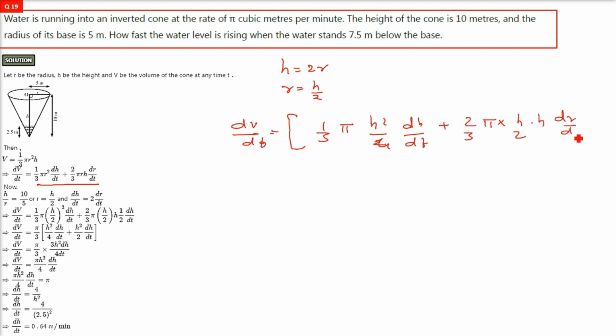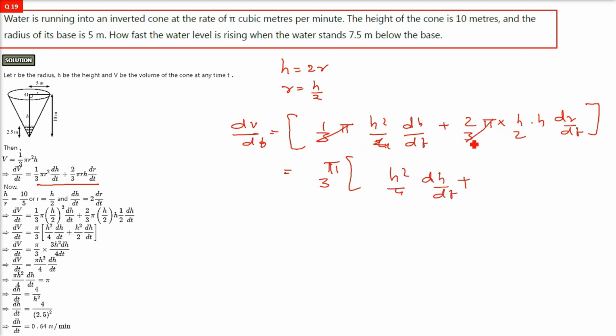I hope you will be able to differentiate it, because one time you have to take r, one time you have to take h. And this h equals 2r has only come after taking the relationship between h and r.